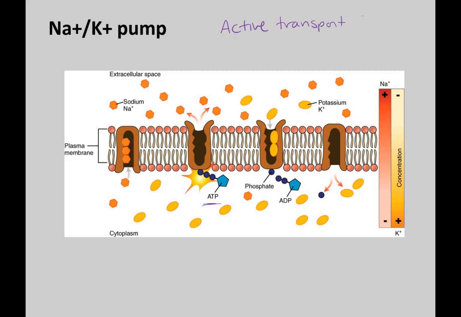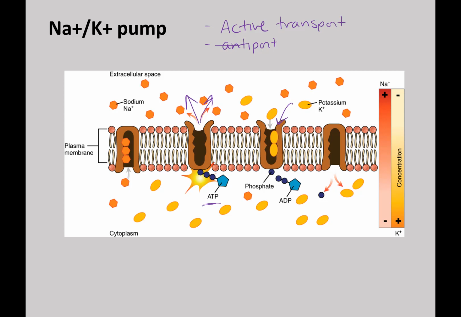Right? And this is also an example of antiport, because the sodium is moving out of the cell and the potassium is moving in. So you have two different types of molecules moving in opposite directions.